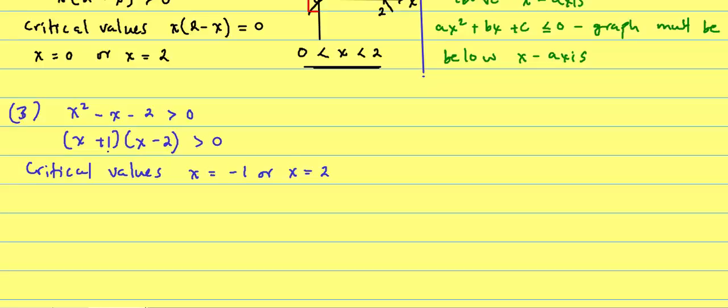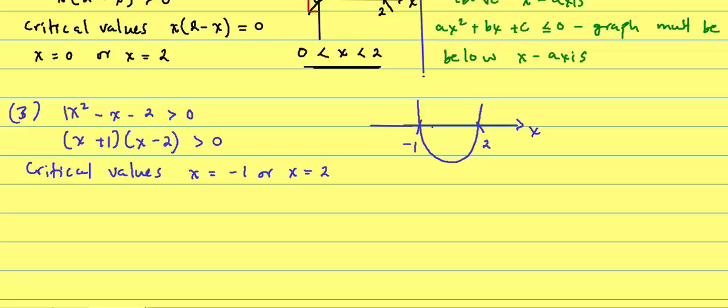So I'll go ahead and sketch the graph. In this case, the coefficient of x squared is equal to 1, so it's a parabola that is going to be facing up like that. And if we suppose that our x-axis runs through at that point, it's going to cut at your critical values, which we've found to be -1 and +2. Now we are looking for parts of the graph which are above the x-axis.